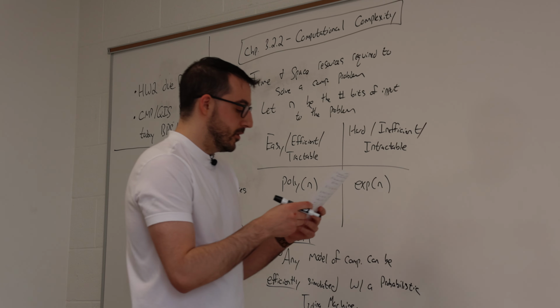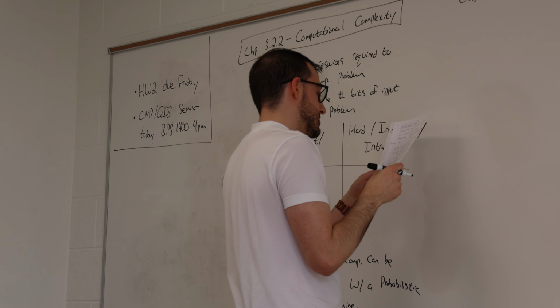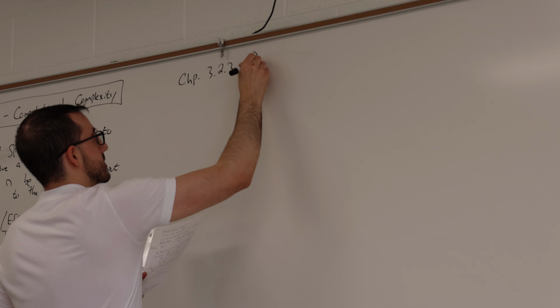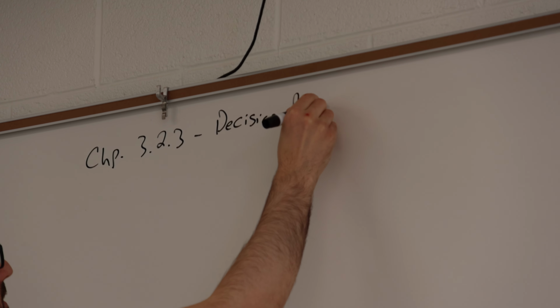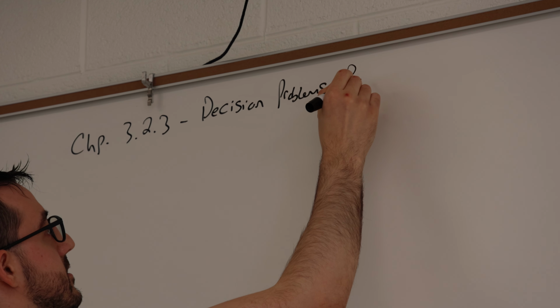So the formal way to define these things is in terms of decision problems, which comes in chapter 3.2.3. So this is where we meet decision problems, and the classes, our two favorite classes, P and NP.